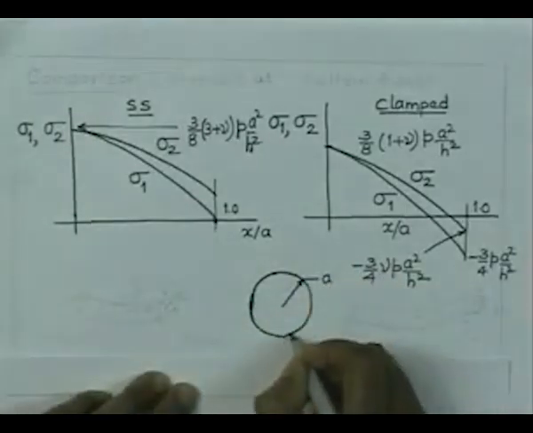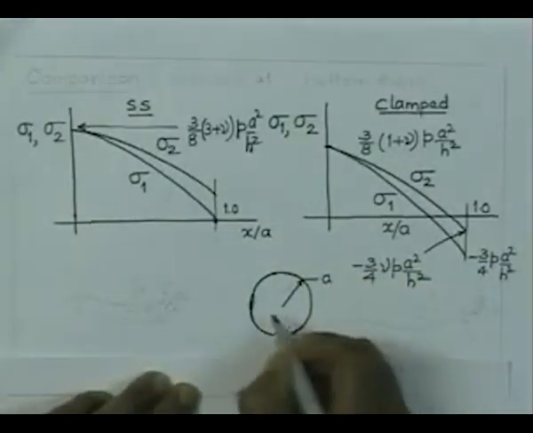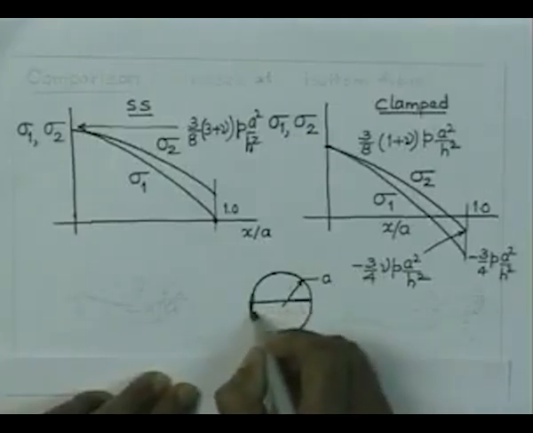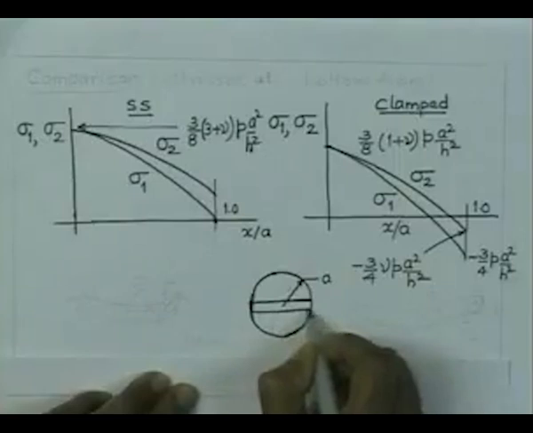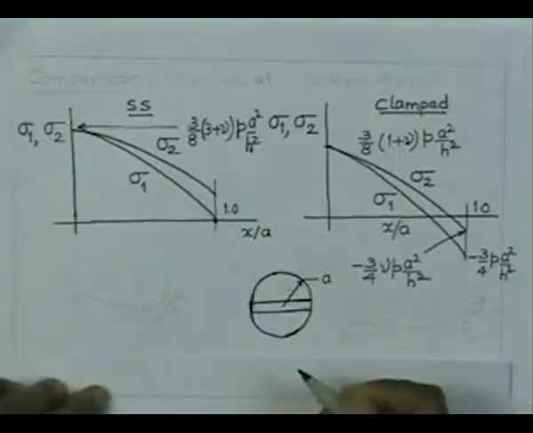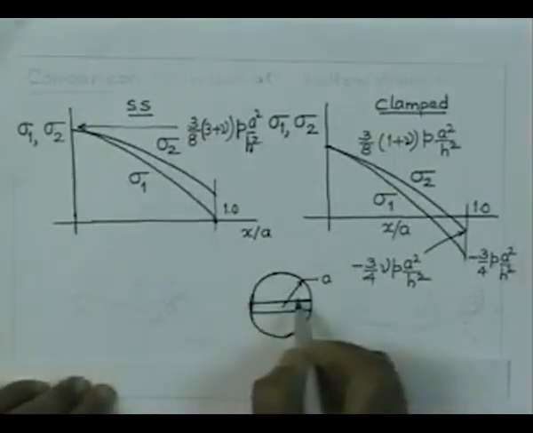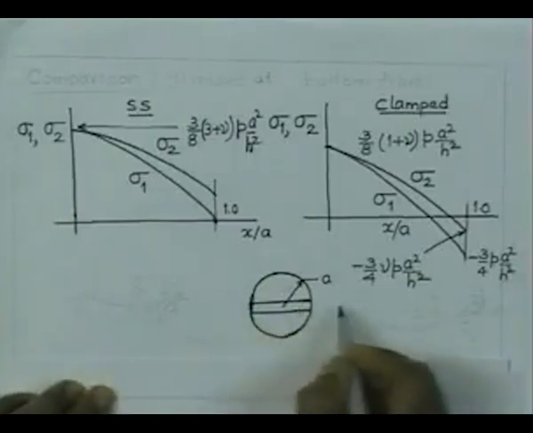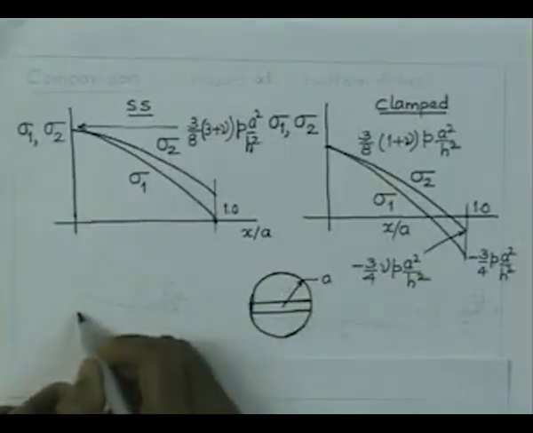We will focus our attention on a strip oriented close to the center. If you consider this to be a simply supported plate, this segment is going to deform like this.